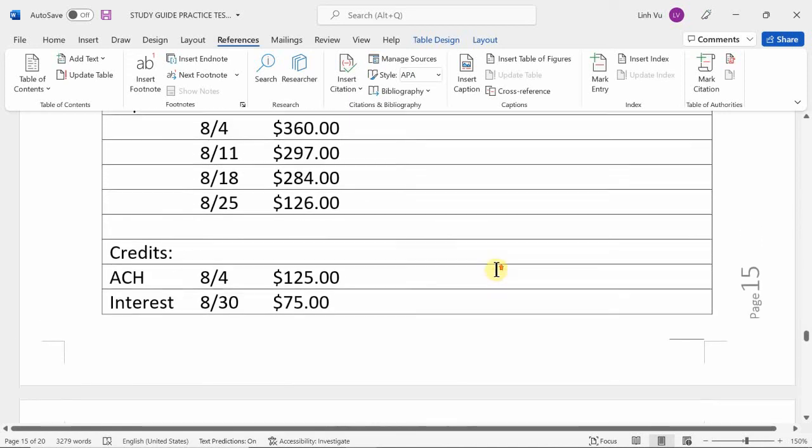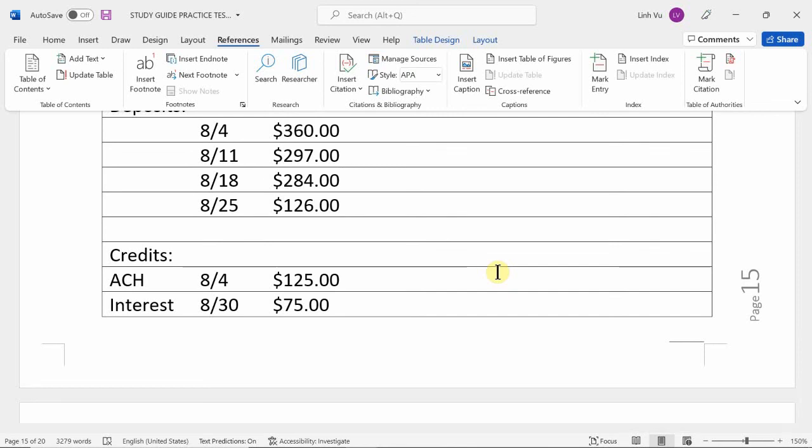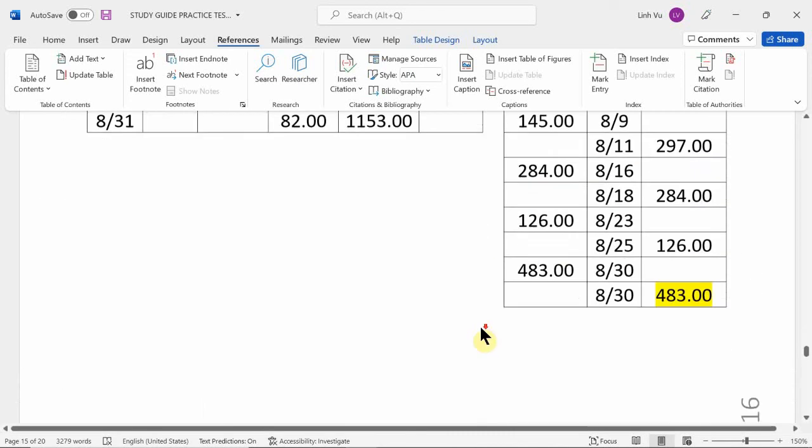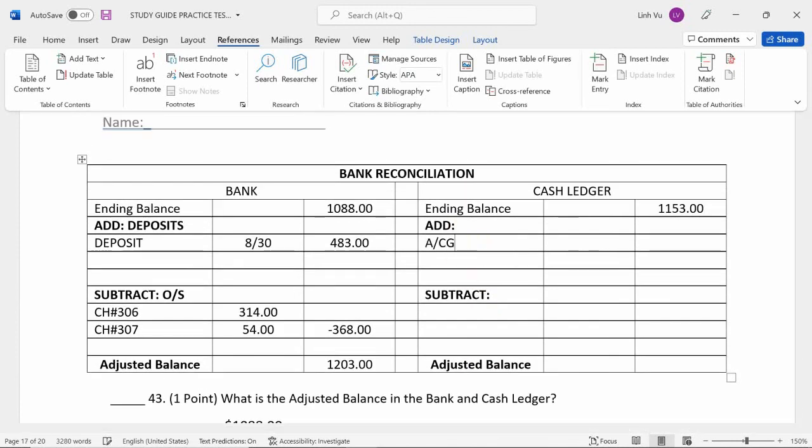So in this case, auto clearinghouse is more or less the same thing here. All right. So we got auto clearinghouse for $125, and we have interest for $75. Okay. So you're gonna add $200 to this pile here.